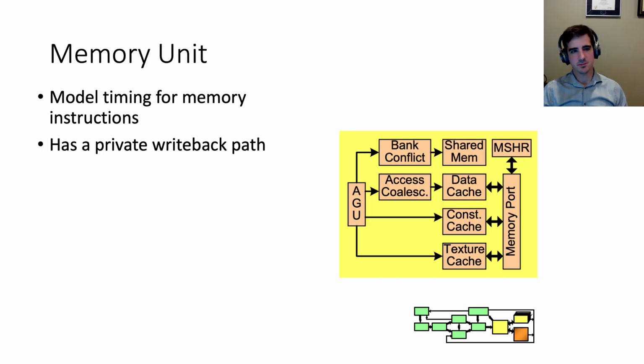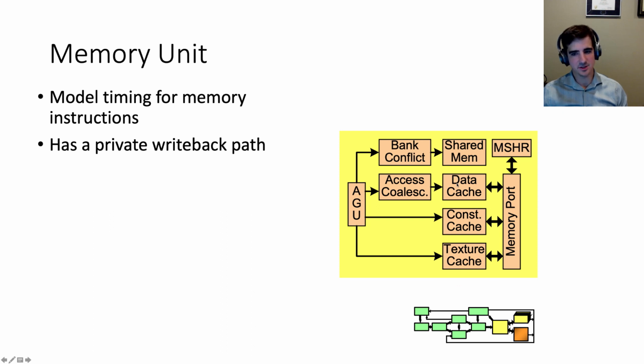Probably the most interesting part of the SM and of the entire simulator, or at least the most detailed part, is what goes on inside memory. So inside the core, we model all the different types of memory that exist in the GPU. This diagram shows all the different types of caches that exist inside the SM model.